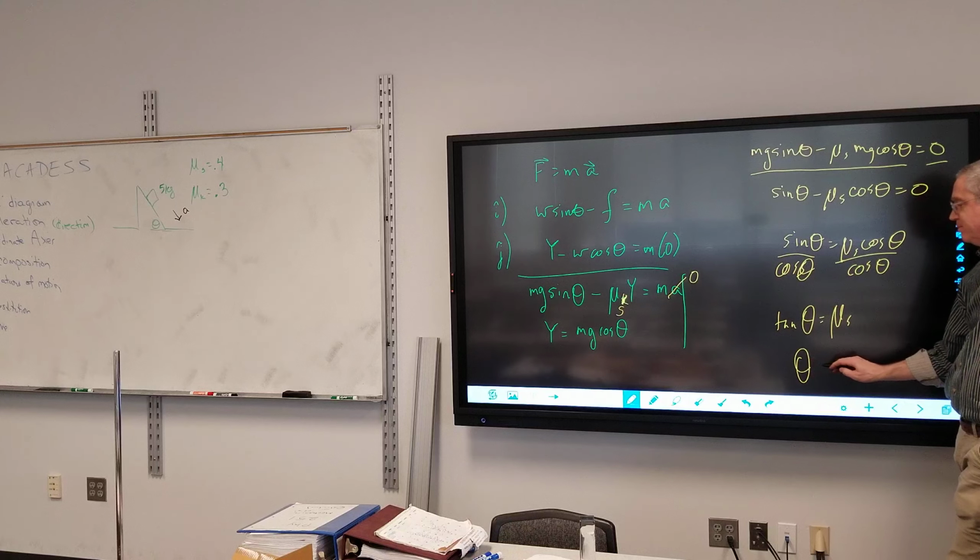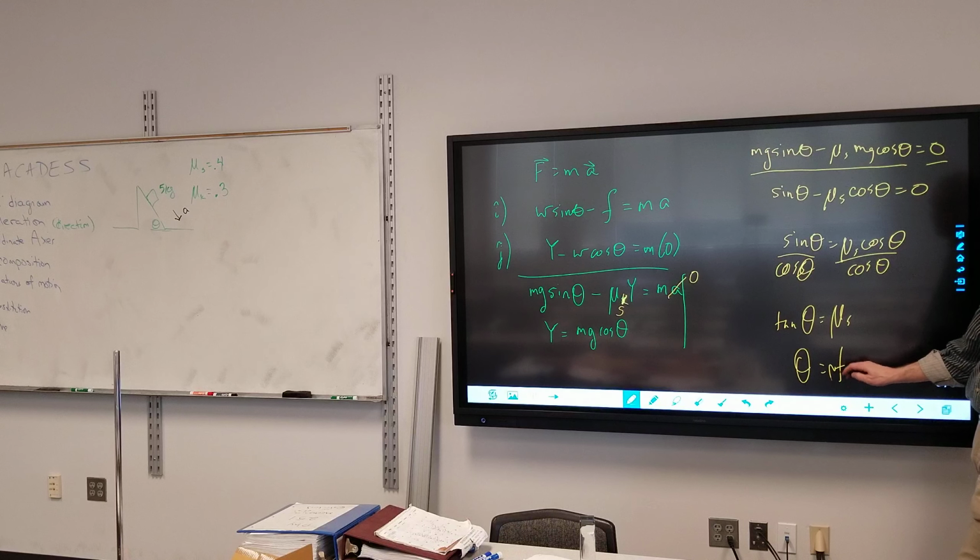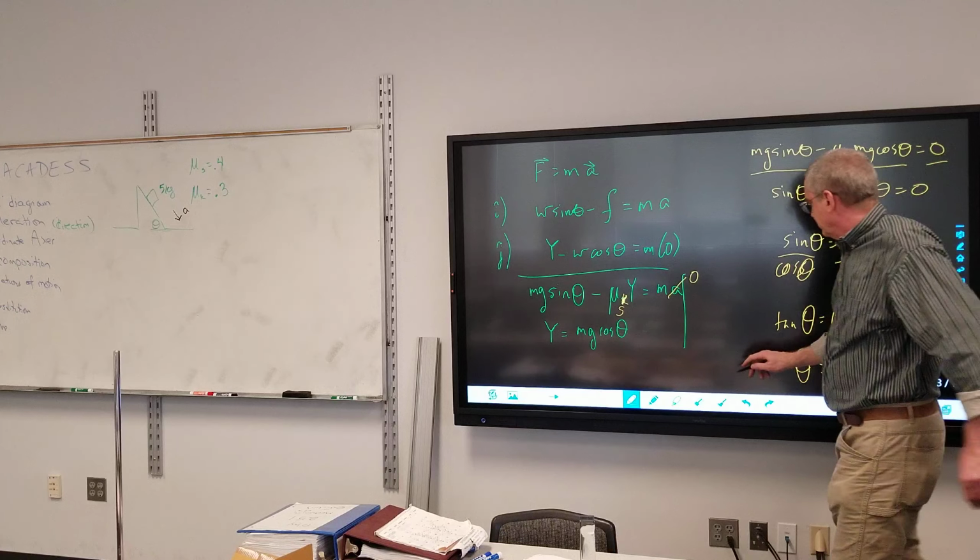And so theta is just the arctan of mu sub s, which is 0.4. Which is something spectacular. Like a 20-degree angle-ish. Very crude. 21.8. 21.8.